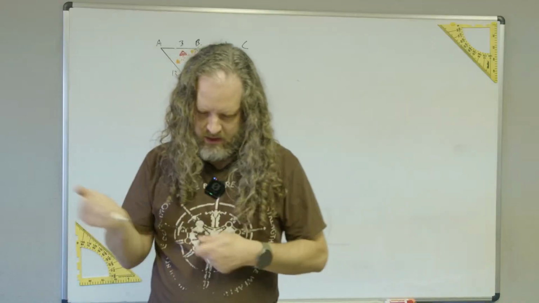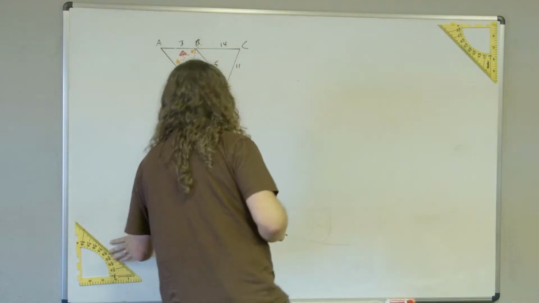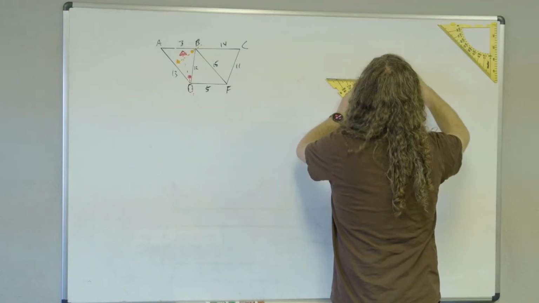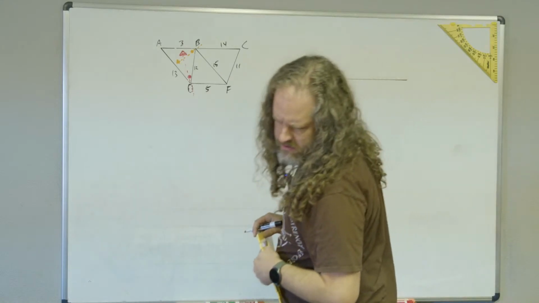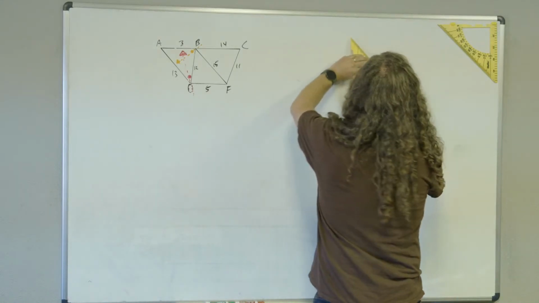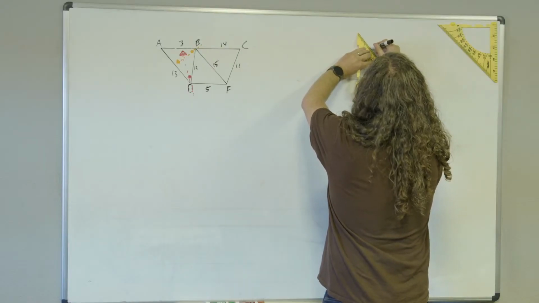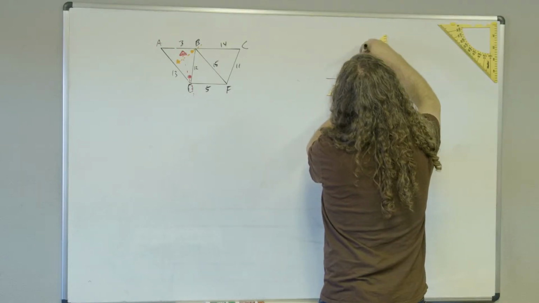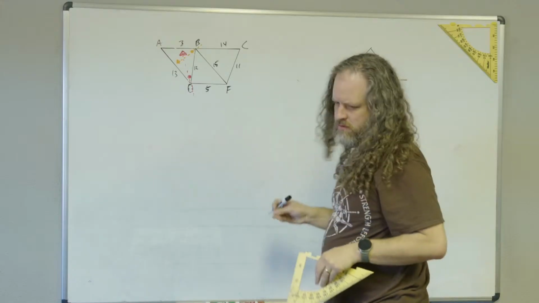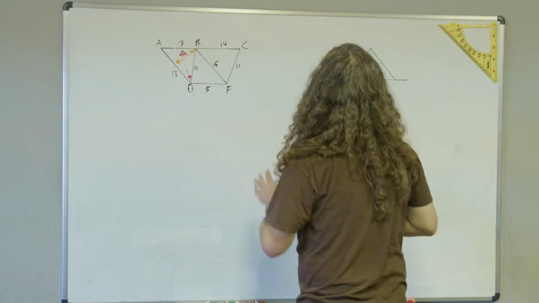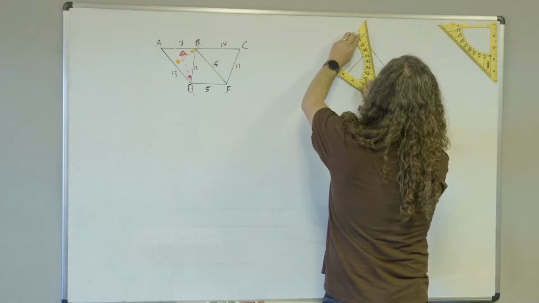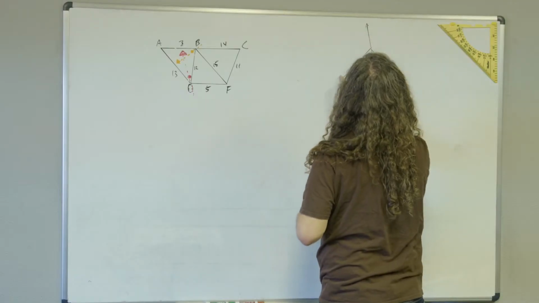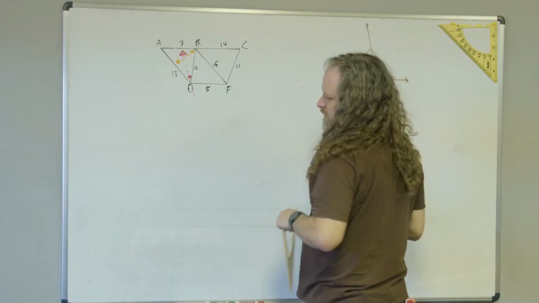Number 12, we're looking at a different kind of figure. Looks like this with a triangle, and then it's got another little dude shooting up through here.